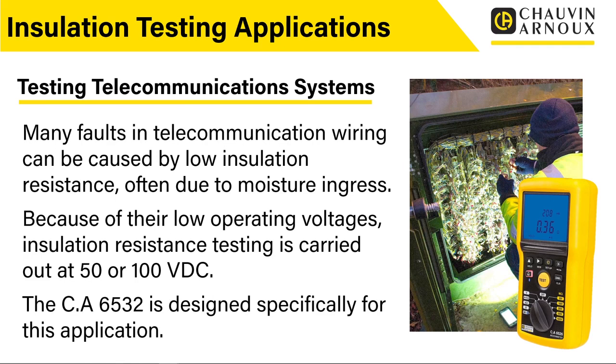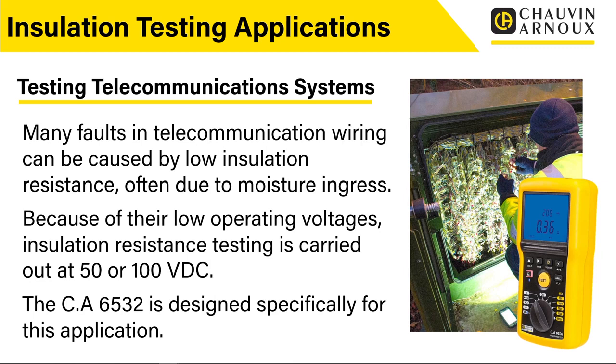Many faults in telecommunications wiring can be caused by low insulation resistance, often due to moisture ingress. Imagine a normal copper cable going to a property under the ground, with a break in the insulation and moisture getting in, so we start to notice problems with the telephone signals.